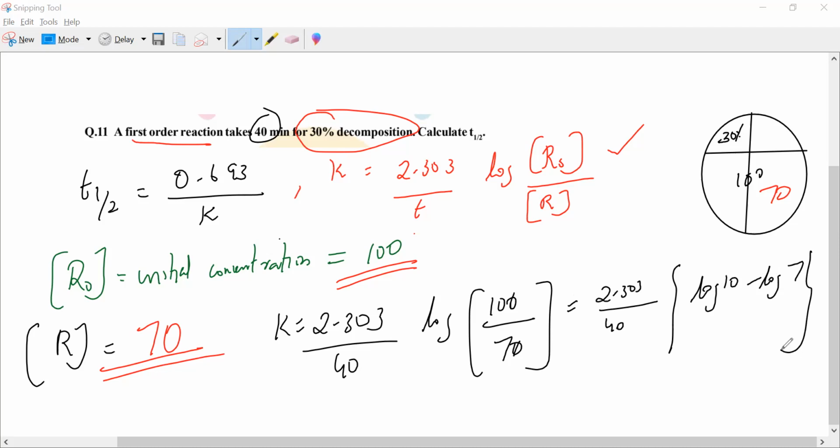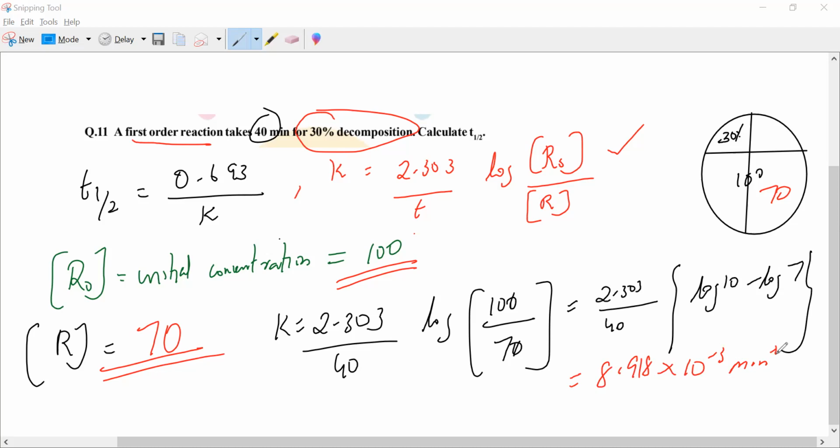So once we do all of those calculations, we'll be getting the answer 8.918 into 10 power minus 3. Correct? Minute power minus 1. If it is second, second power minus 1. So once we get this K, what is our next step?